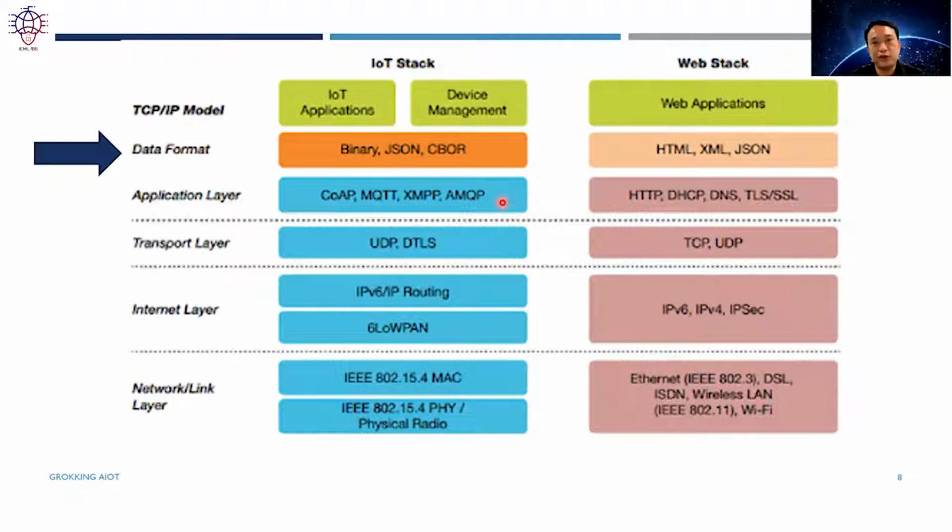HTTP is also used for IoT, for the Web of Things standard or Web of Things framework. We'll talk a little bit more about that later on. You can see that in terms of data transmission, common formats on the web like HTML and JSON are not so common in the IoT space, except maybe JSON, which is JavaScript Object Notation.